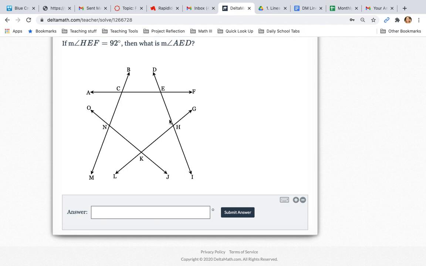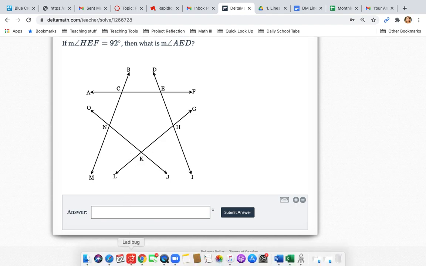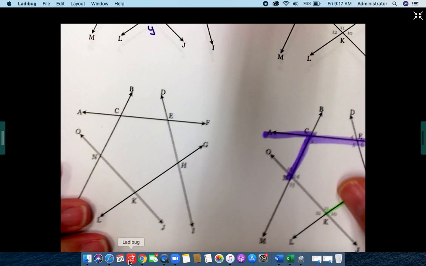Recall that vocabulary, that an angle is acute if it is a measure less than 90 degrees, and it is obtuse if it is a measure more than 90 degrees, in between 180 and 90, I should say. So HEF, if that's 92, then it asks for what is the measure of AED, and that is also a vertical angle. So I'm just going to switch here. We can talk about this.